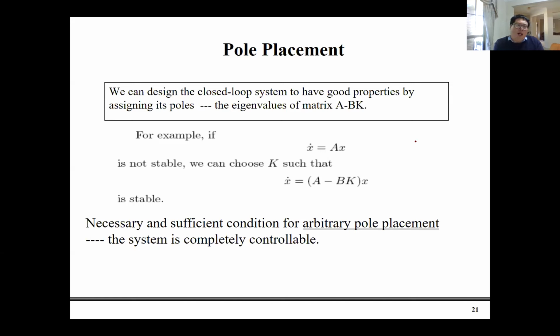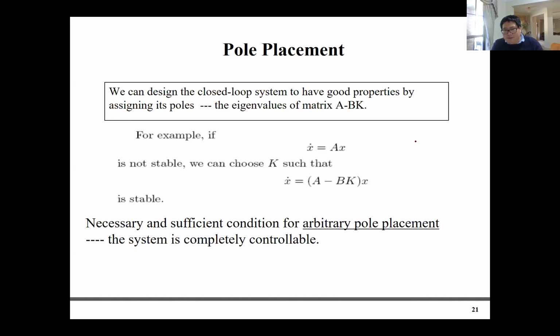All right. So if you have a system that is not stable and you want to change the system by using state feedback control to make it stable, then you have to check the controllability. So if the system is controllable, then you can use pole placement to make it stable.